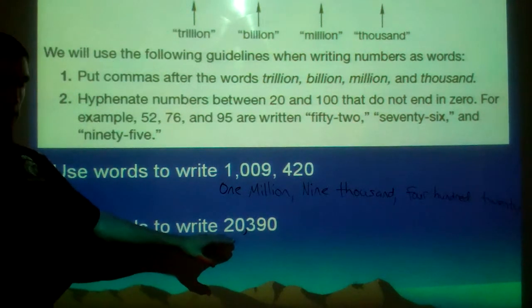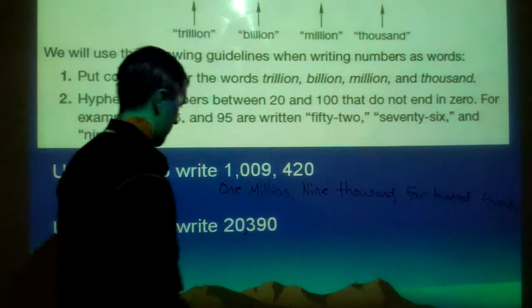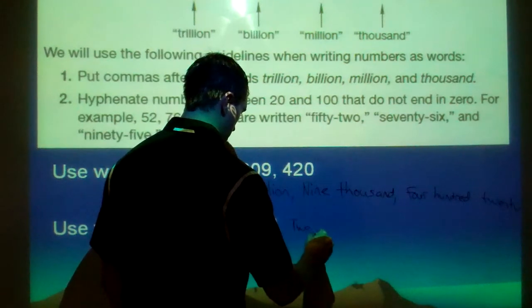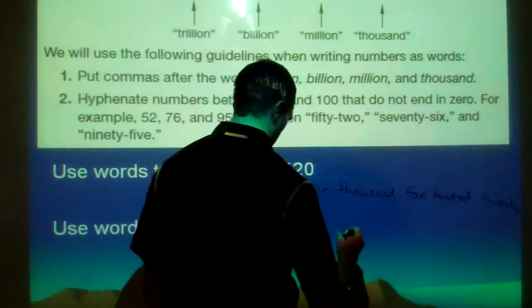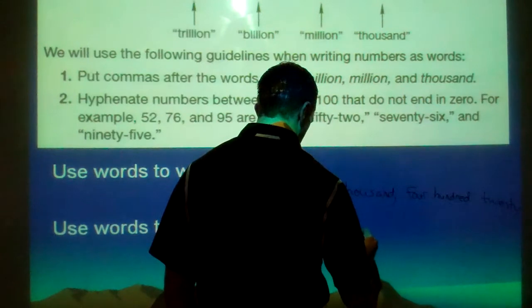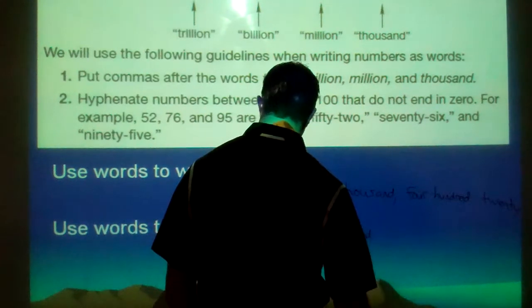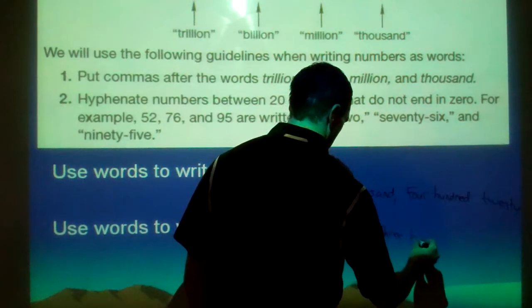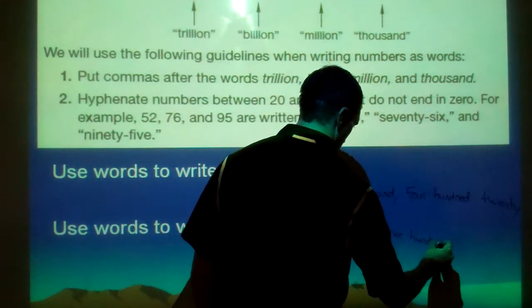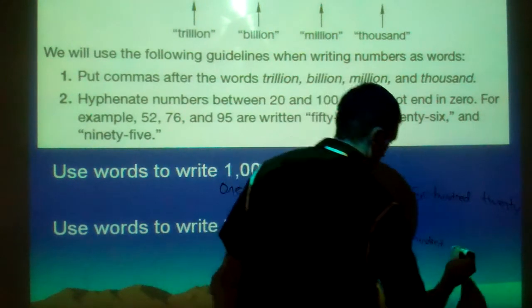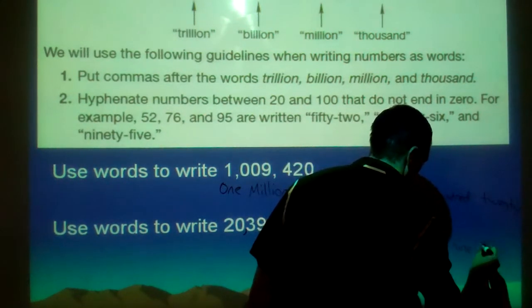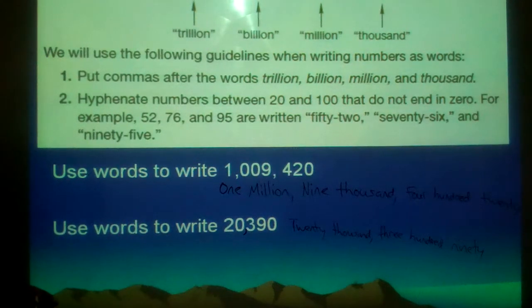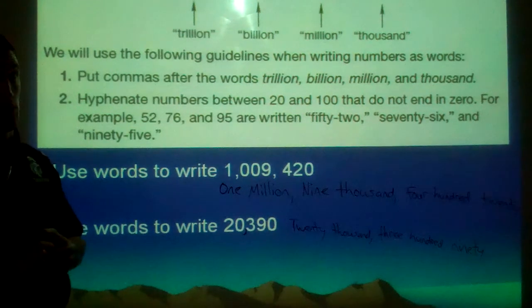So we have 20,390. 20,000. 300. 90. Alright, there we go. That is how we go from digits to words.